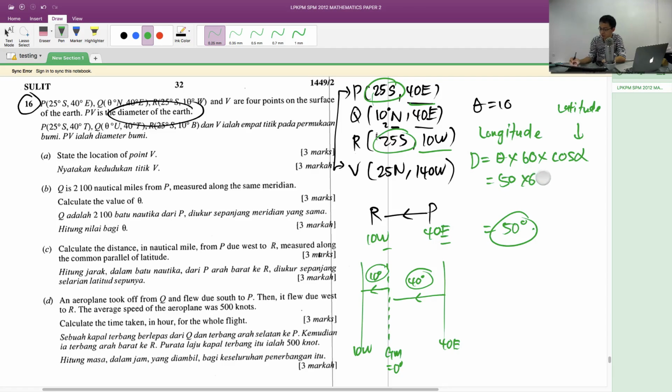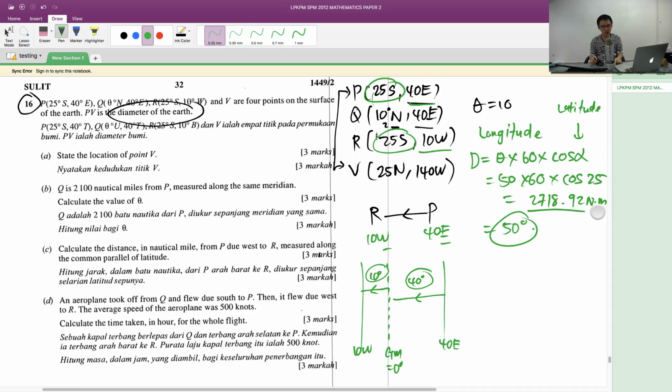So 50 multiplied by 60 multiplied by cos 25. This is how we find the distance. This is just a formula. But make sure your calculator is in degree mode. So it's 2718.92 nautical miles. It's very simple if you know the formula. Actually, this one is very easy. It's just two formulas only. For me, it's a lot easier than transformation.